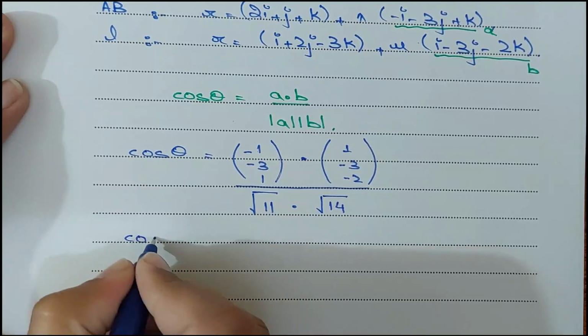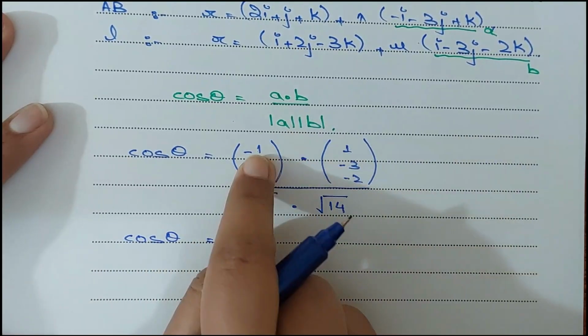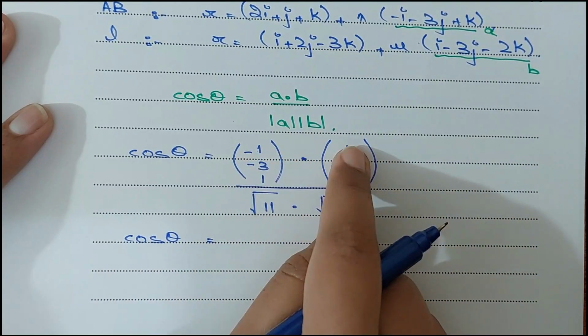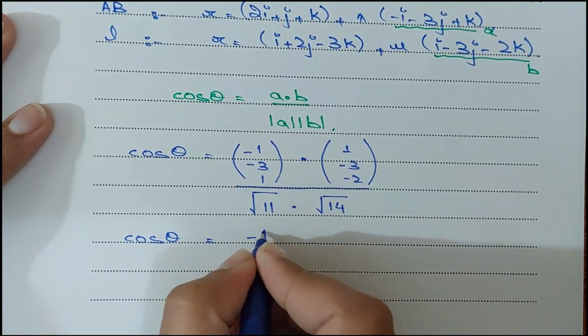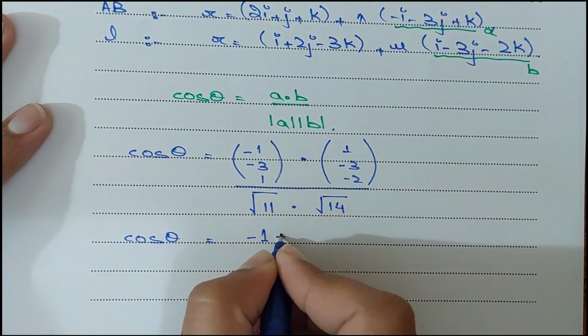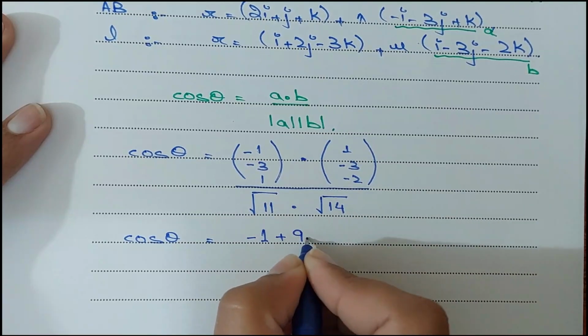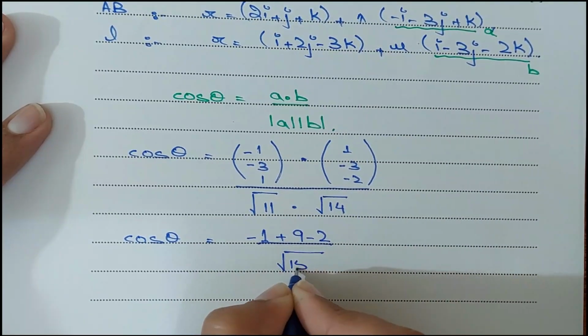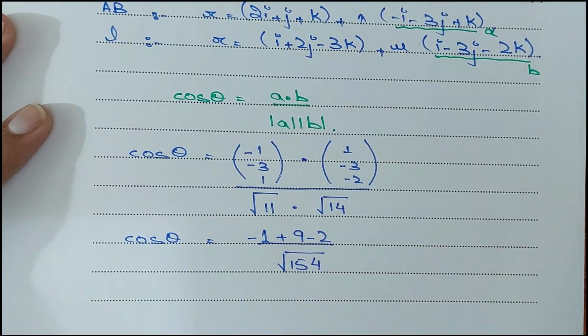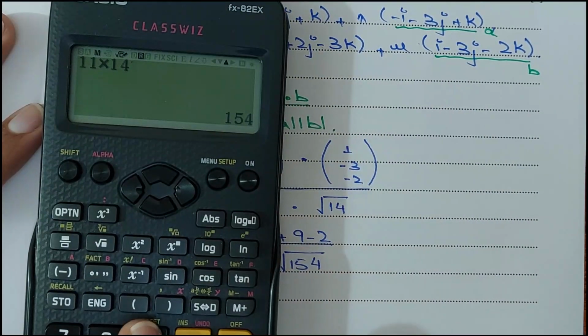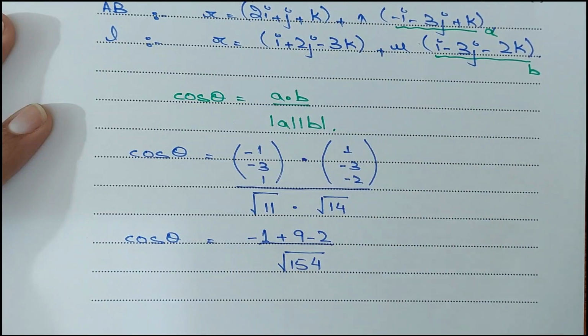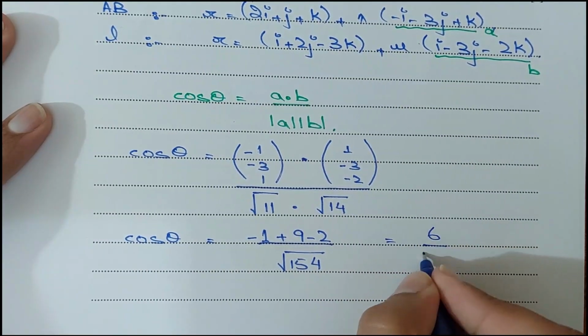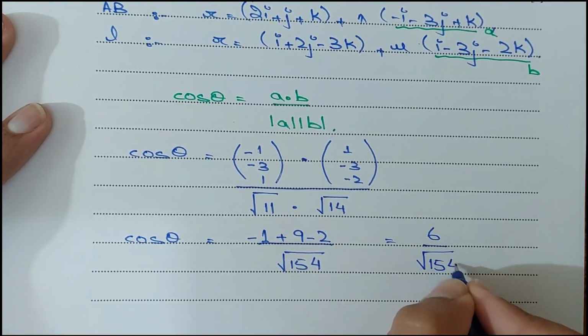And we have cos theta equals, doing the dot product as well, 1 times minus 1 is minus 1, minus 3 times minus 3 is plus 9, and minus 2 times 1 is minus 2, over square root of 154. Okay, so 9 minus 3 is just 6. Yes, so this equals 6 over square root of 154.